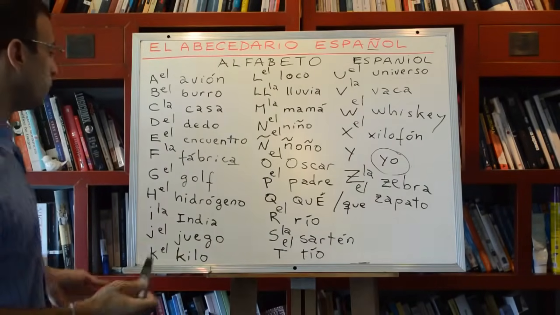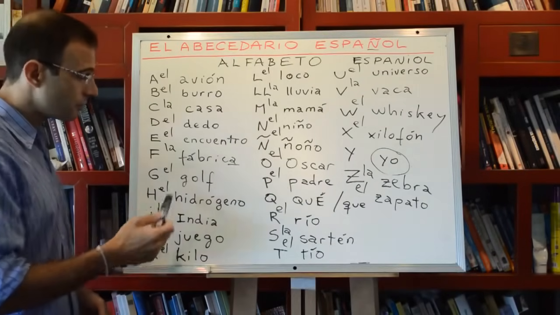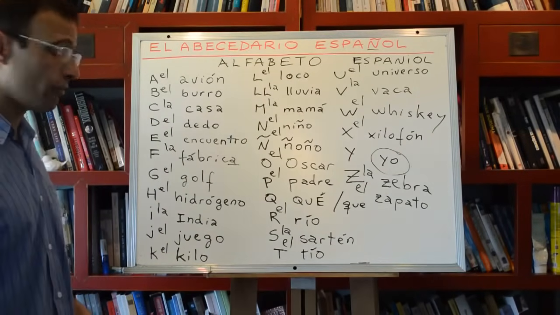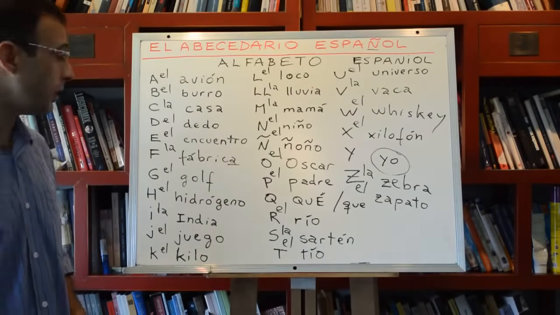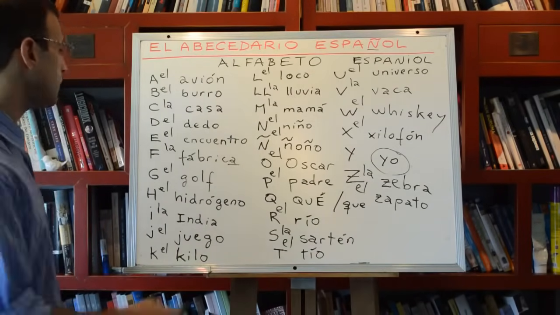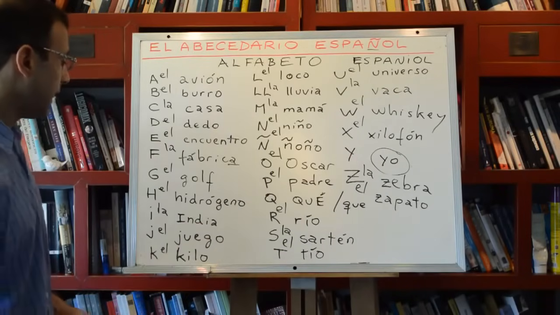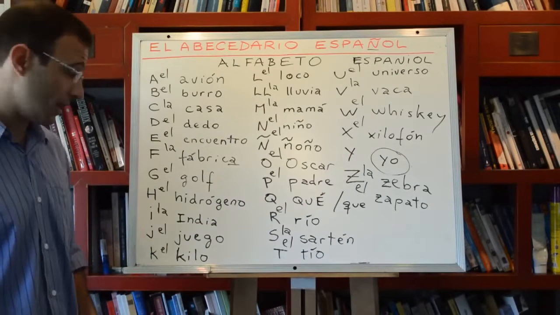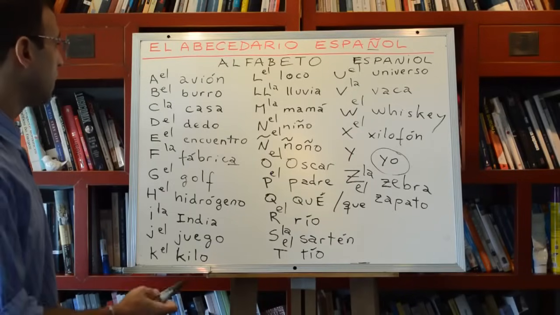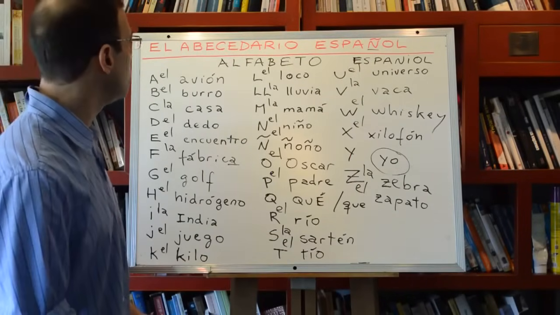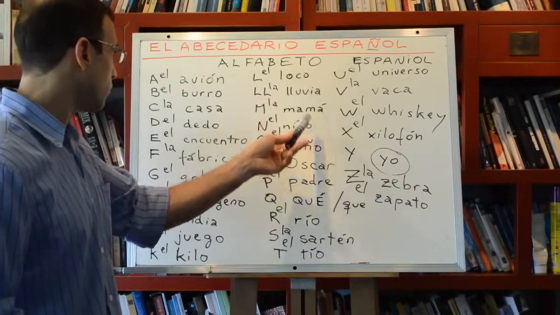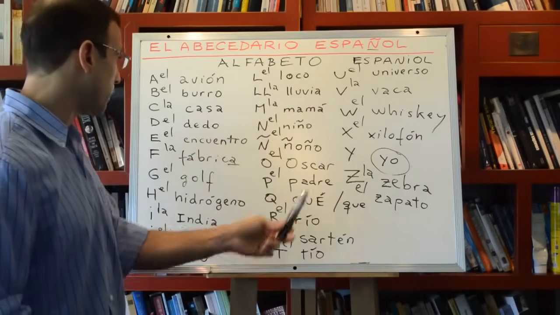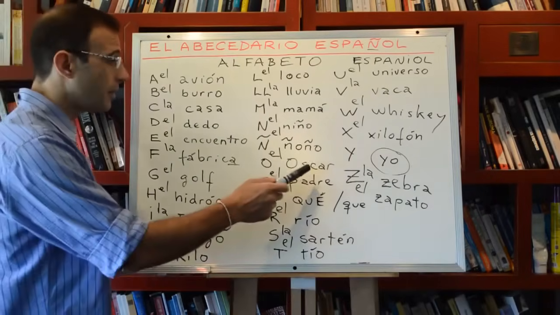The word for golf: el golf. It's an O, the last vowel it's got. Hidrógeno, masculine. La India ends with A. Let's see another that can be a bit difficult to identify. El loco, those are easy because they end with O or A. Oscar is a name.